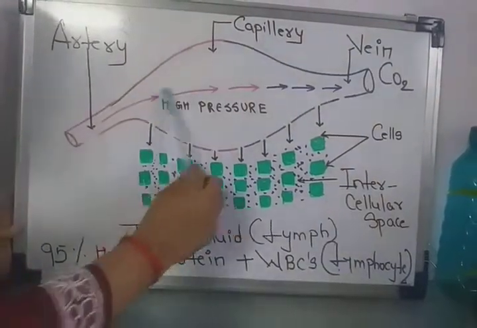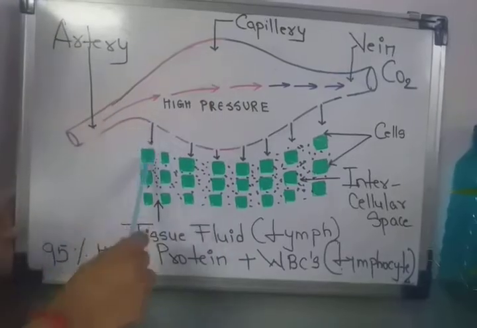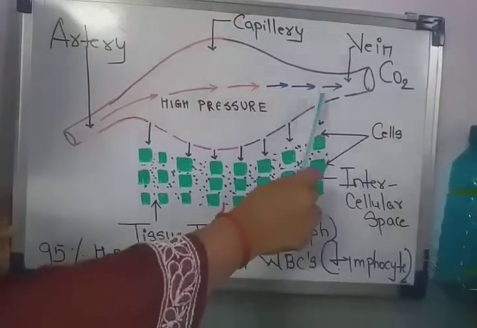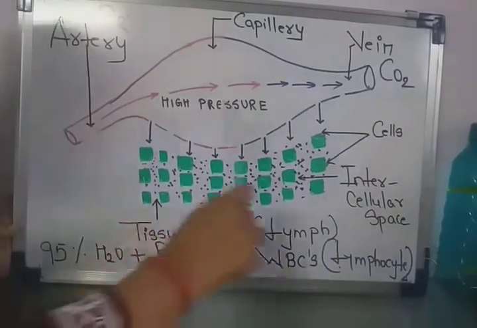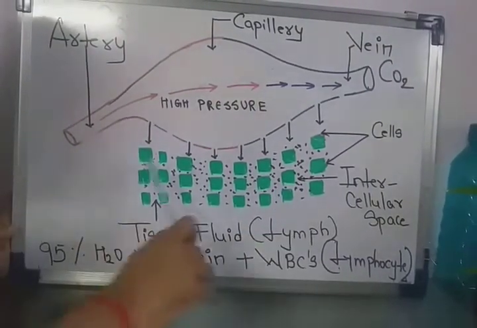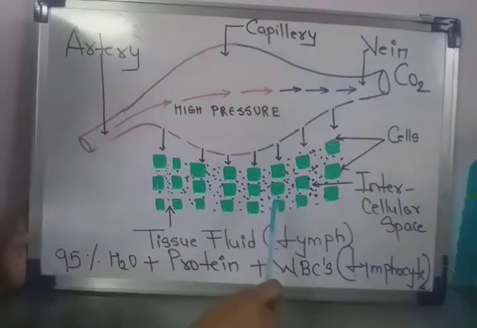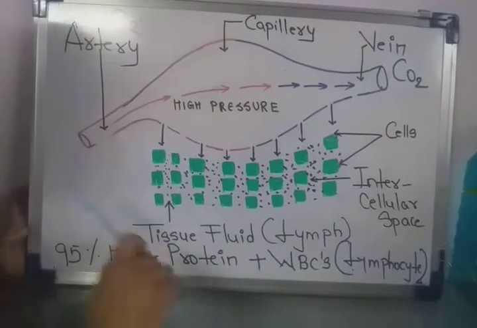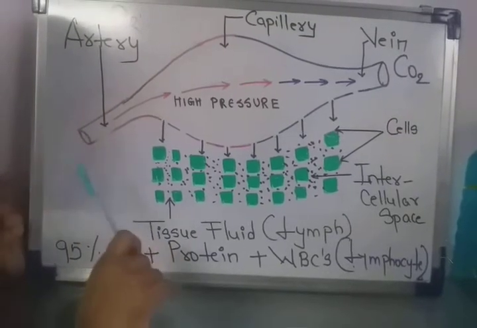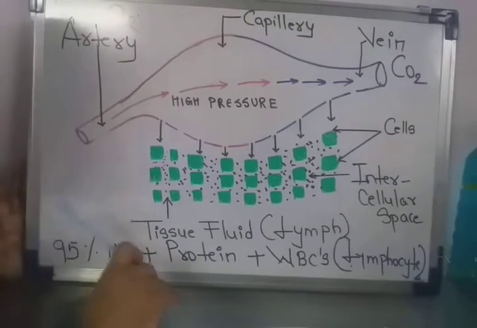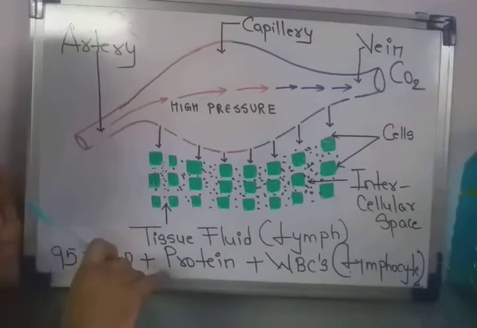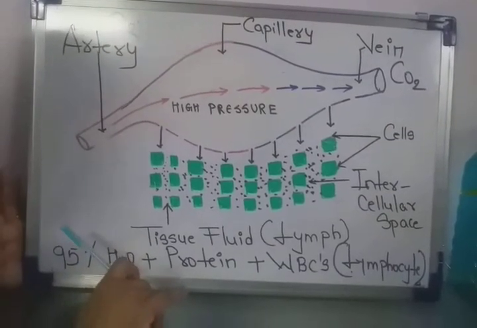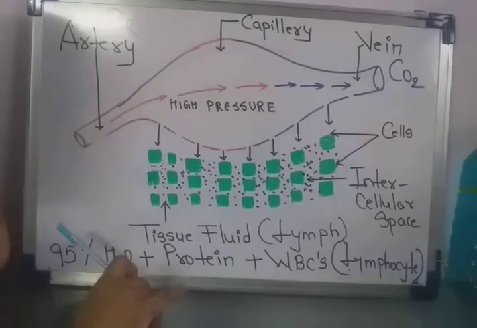So when the blood moves under pressure, some of the constituents get oozed out from the pores of the capillaries and get collected in the intercellular spaces. This is called tissue fluid or simply lymph, which is similar to the blood, but it does not contain RBC, so it's not red in color. It's whitish, or a little bit pale in color.